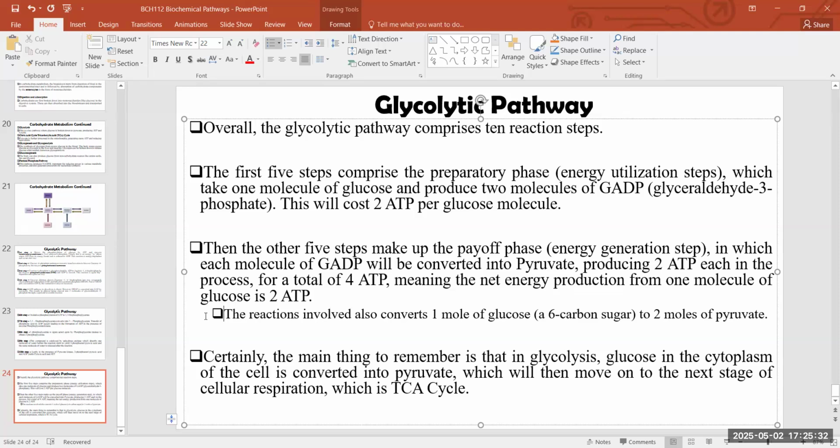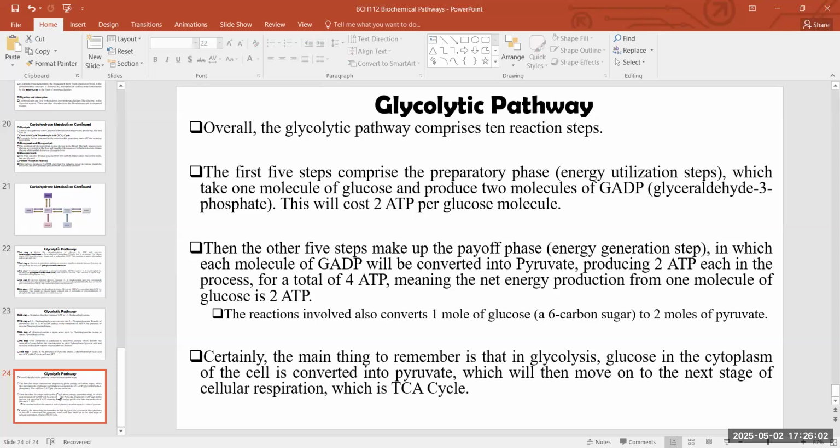Few of you asked me how we can summarize this glycolytic pathway. If you know the chemical reactions and place them the way they are, you have been able to summarize the glycolytic pathway. You can also summarize it with this last slide, slide number 24.